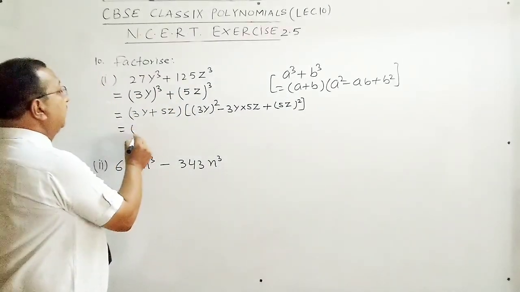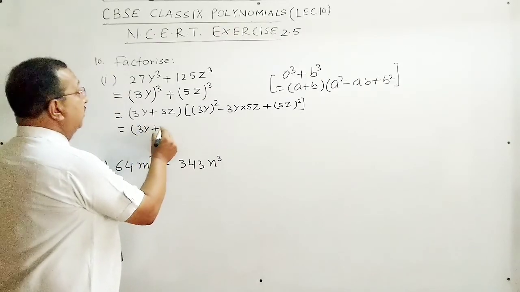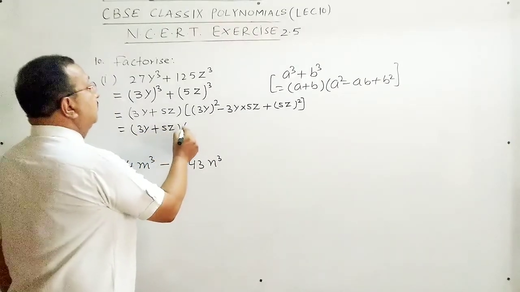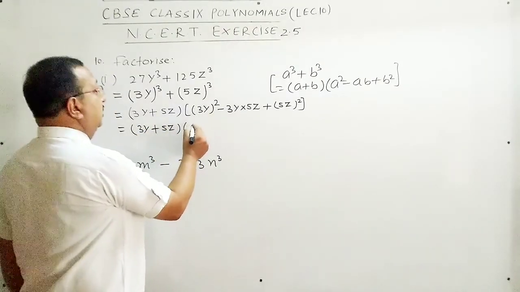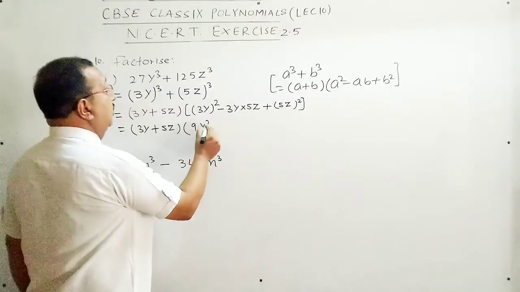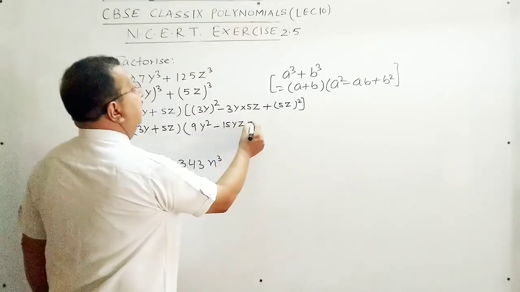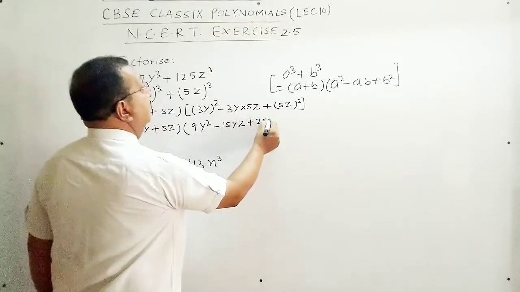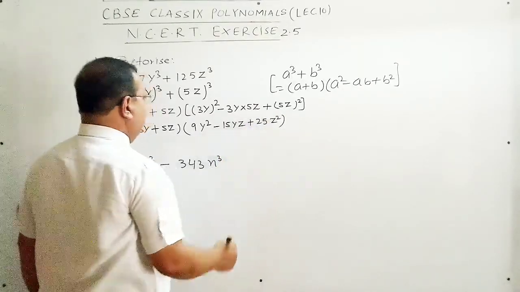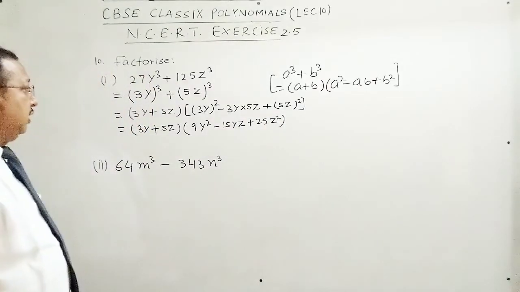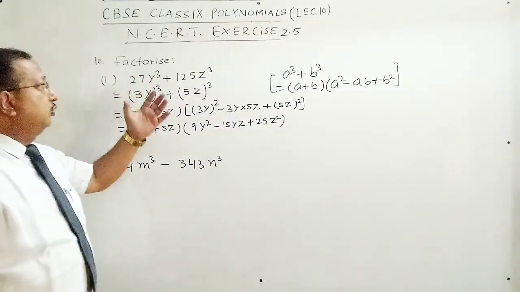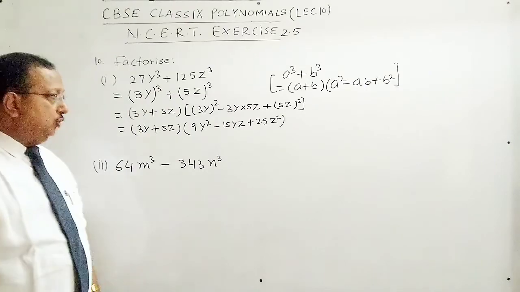On simplifying, 3y plus 5z, square of 3y, 3 square is 9, y square is y square, 3 5s are 15, yz, 5 5s are 25, z square. So this is the factorization of 27y cube plus 125z cube.